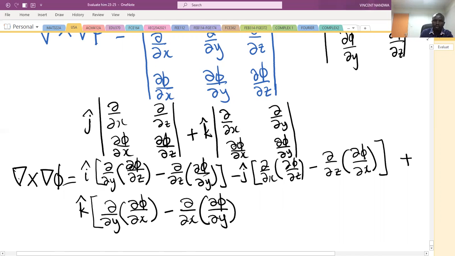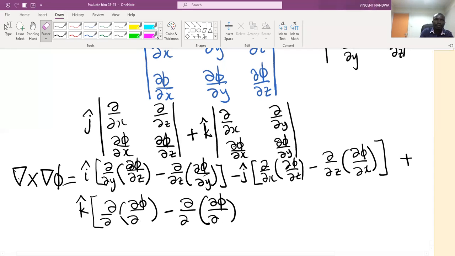Actually I've reversed here. This should have been partial x, this y, and then this is x, this y.